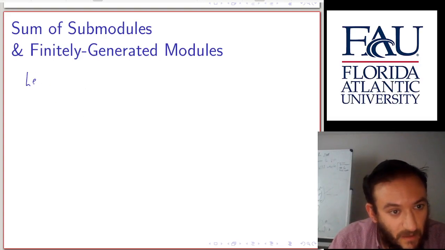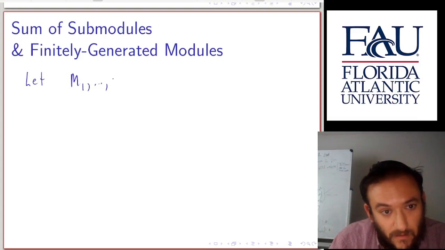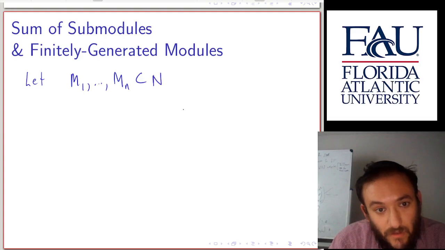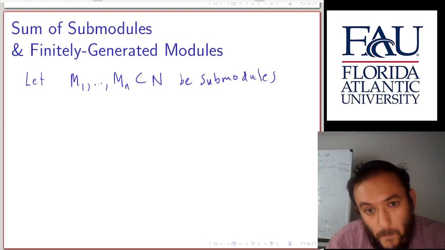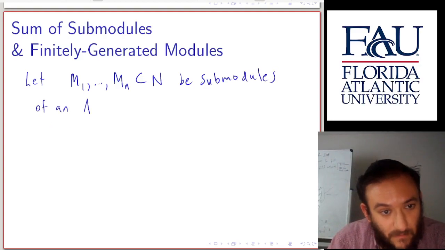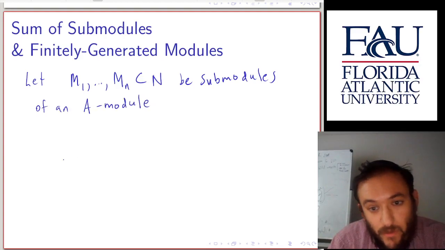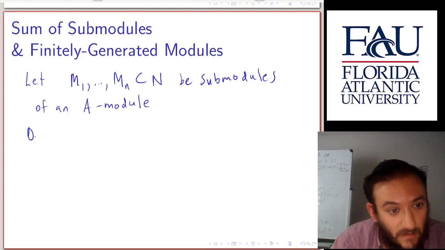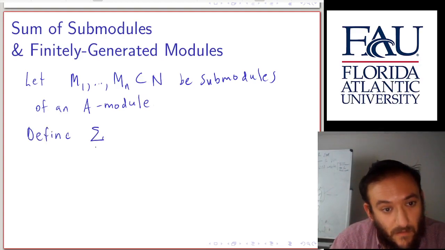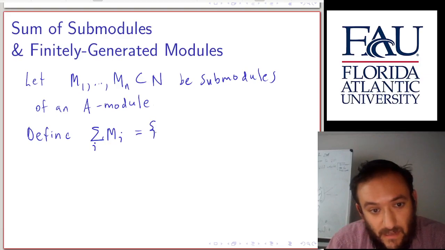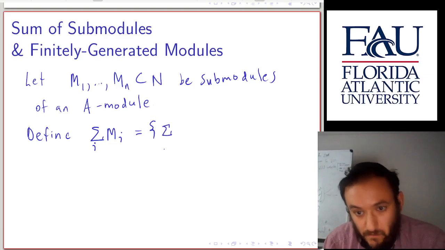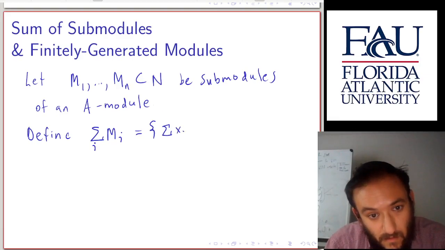So if you have a collection of submodules M_i of a module, then you can define the sum of submodules, the sum of M_i, to be the set given by sums of elements x_i, where x_i is in M_i.